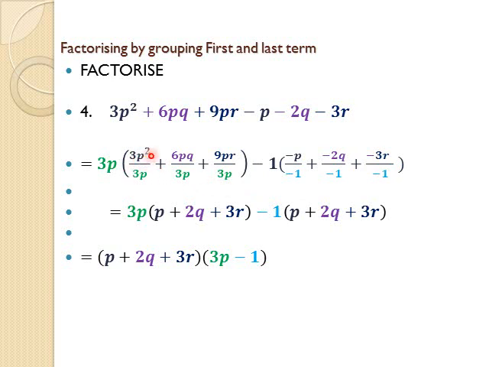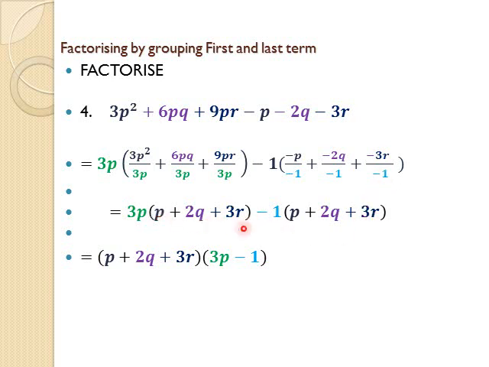P squared divided by P, 2 minus 1 gives me P. 6 divided by 3 gives me 2. P and P cancel, so I'm left with Q. 9 divided by 3 gives me 3. P and P cancel, I'm left with R. They have negative 1, so negative divided by negative gives me positive P. Negative 2Q divided by negative gives me positive 2Q, and negative 3Q divided by negative 1 gives me positive 3Q.